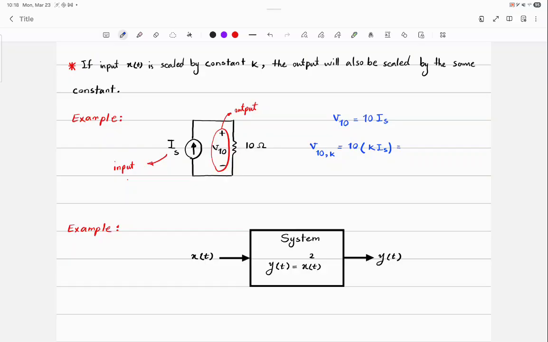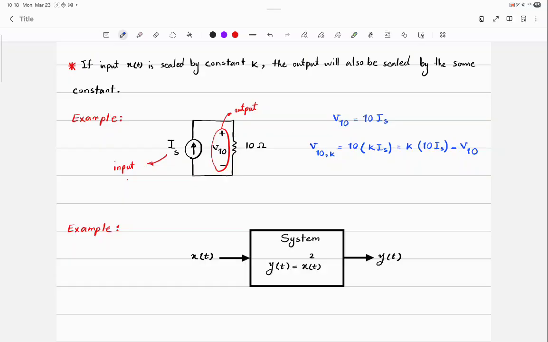So what is the final result? Do you agree that I can exchange the place of k and 10? What can I write instead of 10 is? V10. Right? So what does it mean?